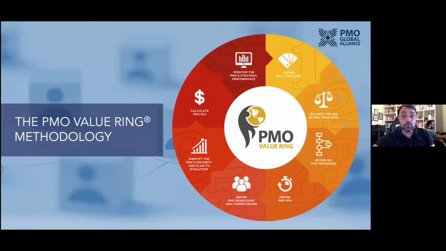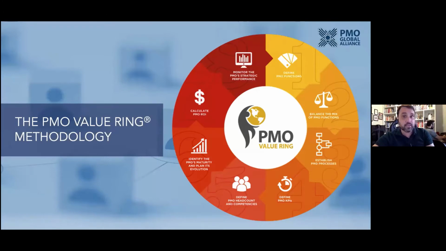This model, the first version was launched 10 years ago at the PMI research conference in Washington, D.C. It was the first time that it was published. So from that time to today, it evolved a lot. So now it's really nice after thousands of tests.